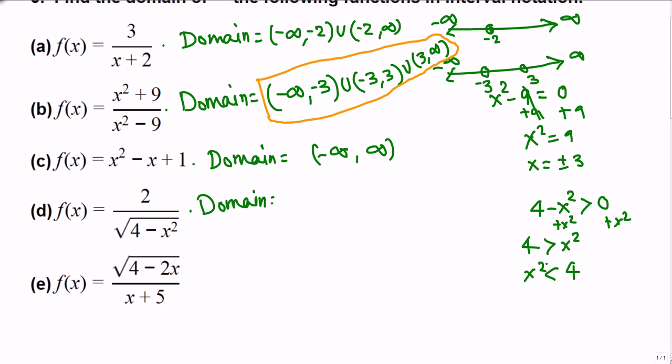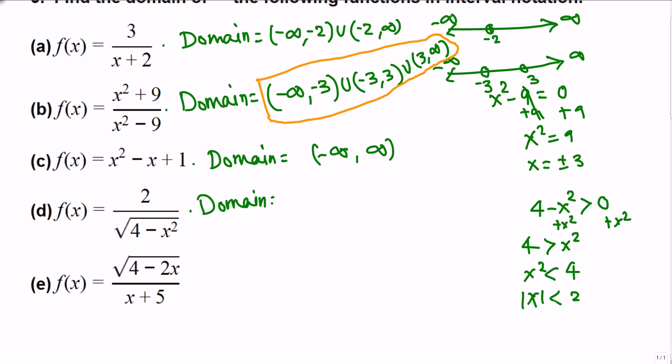Now, x squared less than 4. If we take the square root of both sides, the square root of x square is absolute x, less than the square root of 4, which is 2.